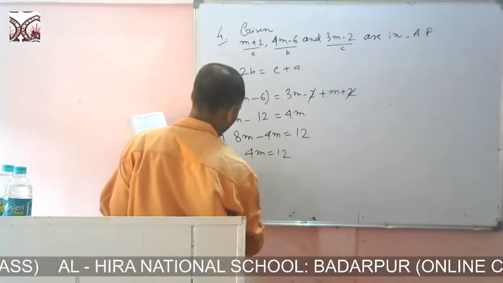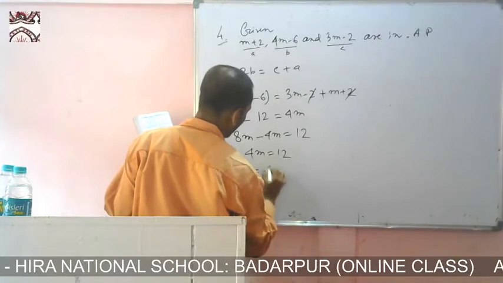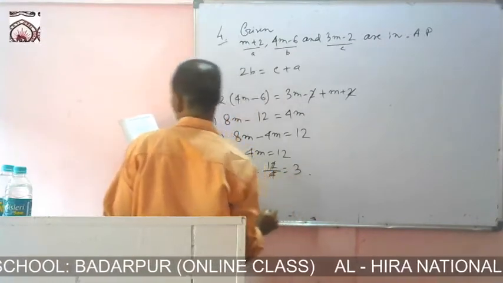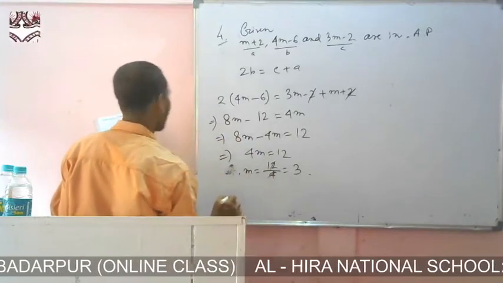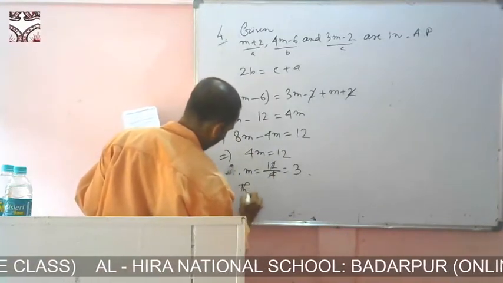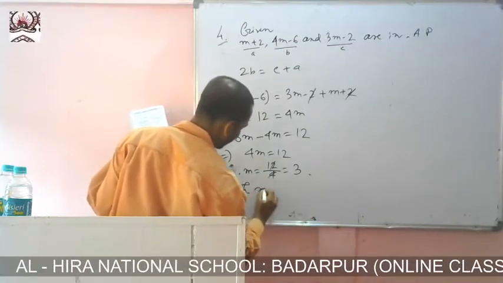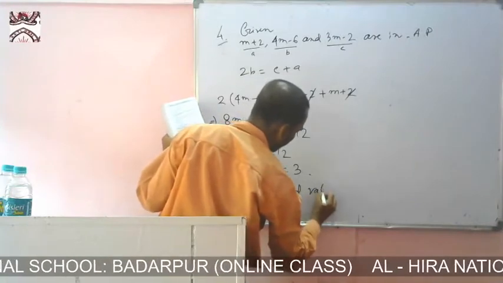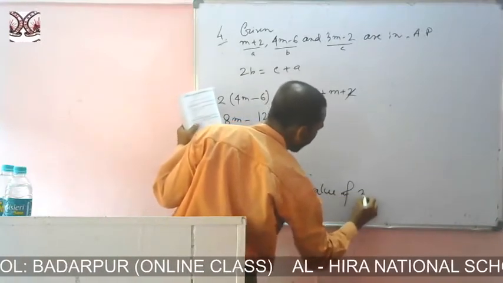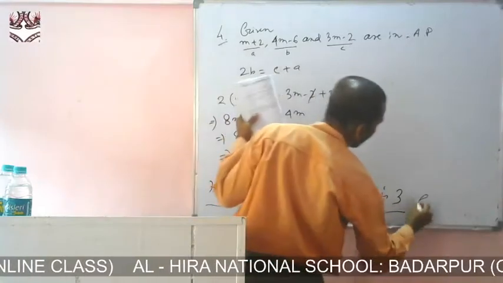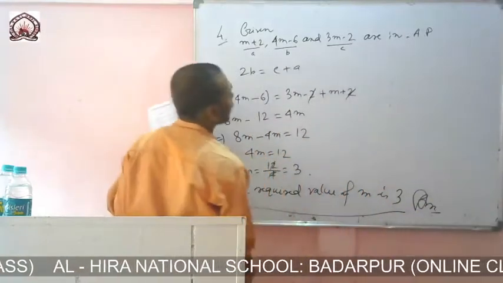Therefore m is equal to 12 by 4, which is 3. Hence the required value of m is 3. This is the answer. Very simple.